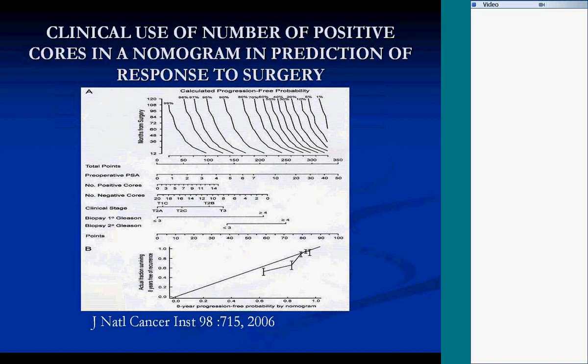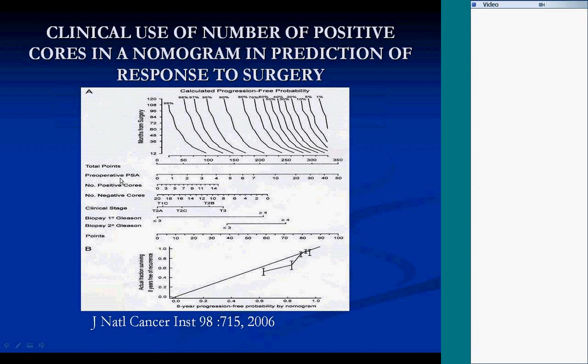So here's an example of how the amount of cancer is being used clinically. This is one of the Kattan nomograms, and basically this is a way in which one can predict response to surgery, radical prostatectomy, and determine the chance that the patient is free from progression, that is, an elevated serum PSA after surgery.